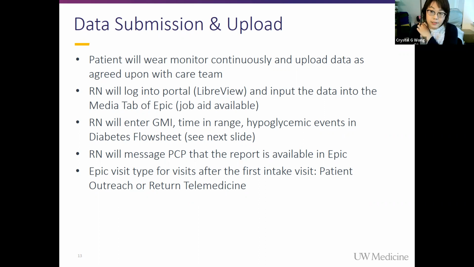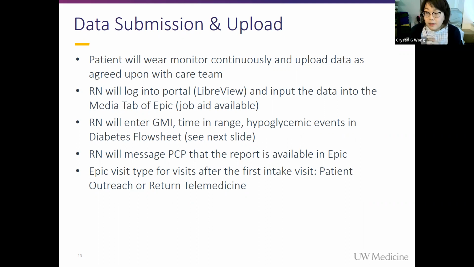There's a standard dot phrase that they're going to use that you're going to get very used to seeing with your results. And so it's going to have a couple things. One, the text of the encounter note will have some key metrics in there. So it'll have the GMI, which is the calculated A1C based on the AGP report. It'll have the time in range, and it'll have if the patient had any hypoglycemic events.